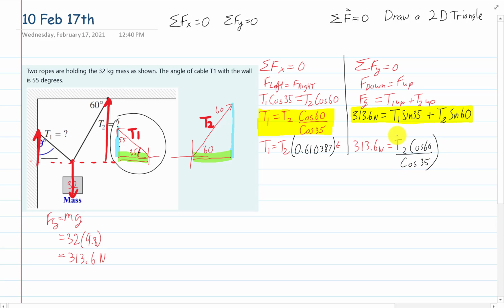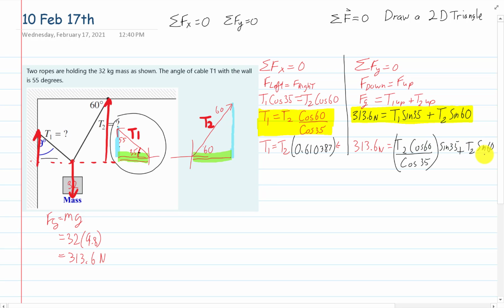That was T1. Then I have to multiply it by sine 35 plus T2 sine 60. Now you might scream, because there's just lots of numbers and signs, but this is all plug-inable into your calculator.